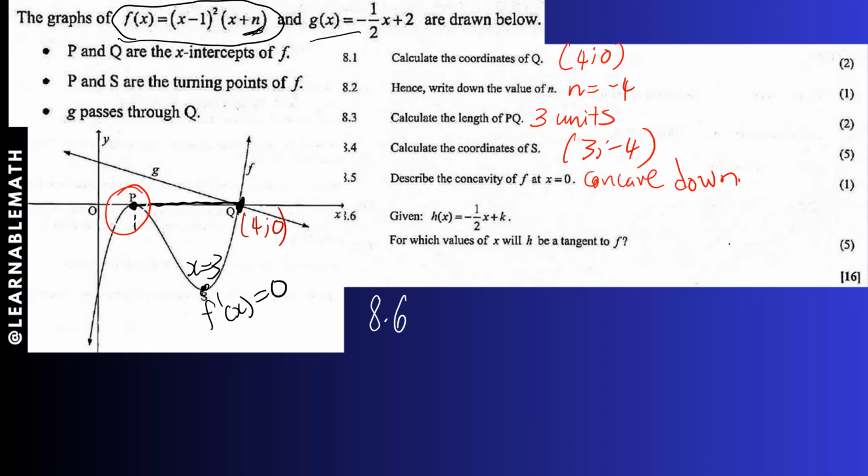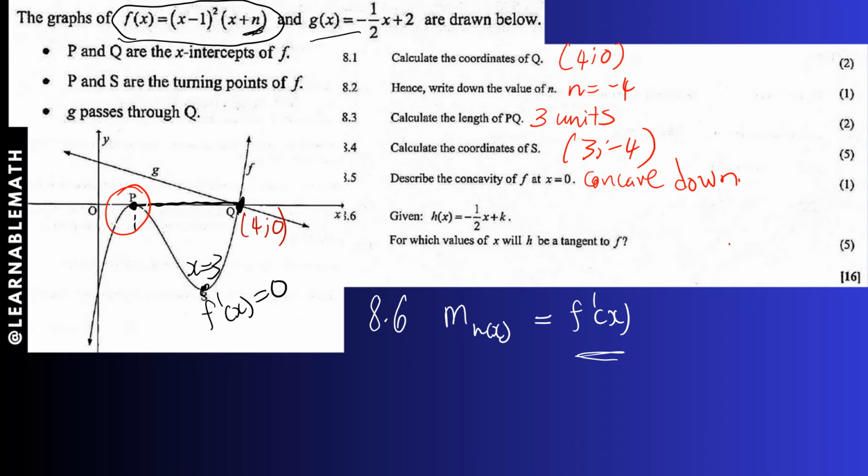So if h is a tangent to f, then the gradient of h of x will be the same as the first derivative of f of x, and you can use that idea to go and solve for x. Remember, we had found the first derivative when we were finding the coordinate of s in 8.4.